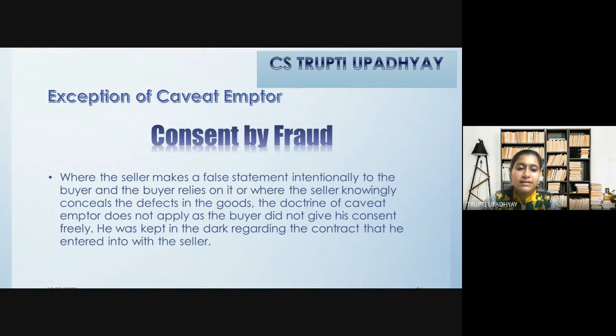This means that whenever the consent of the buyer is not free and is influenced by fraud, then the caveat emptor principle will not be applicable, and the seller shall be held liable for selling goods which have defects and where the buyer's consent is not free.